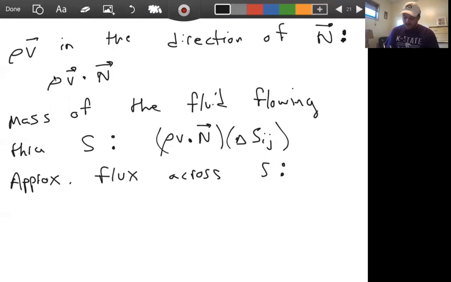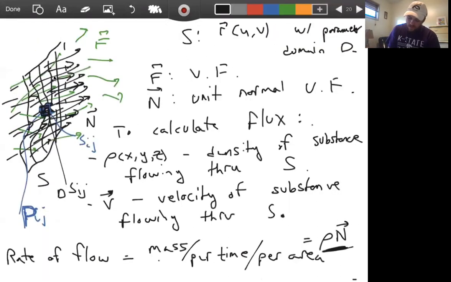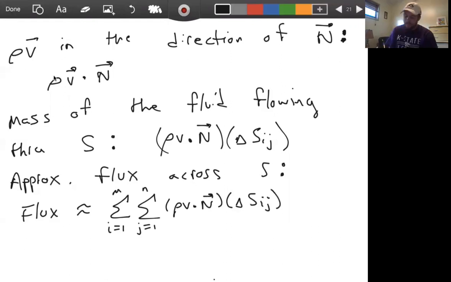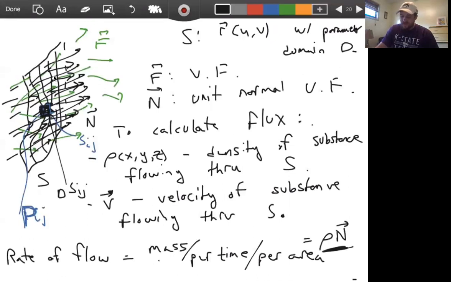We have that the flux is approximately equal to, because the flux through this little piece here, we need to sum this up over the entire surface S, right? And this is the sum i goes from 1 to m, j goes from 1 to n of rho v dot n times delta Sij. And now this was a construction via a physics example, right?